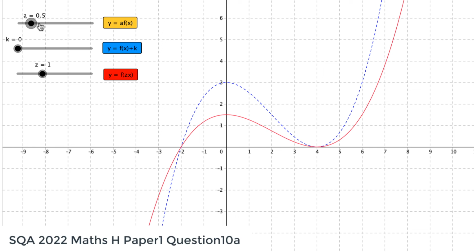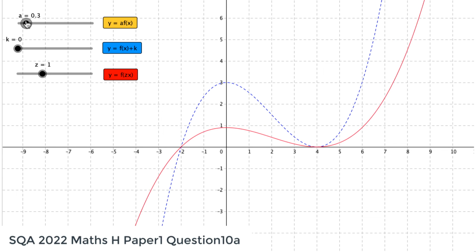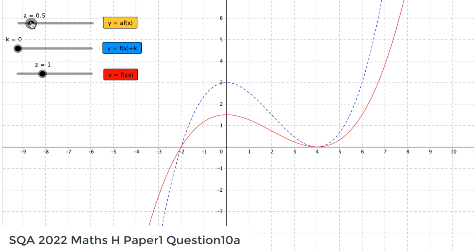So a scaling this time, scale factor 1/2, a sort of squashing of the original graph along the y-axis. So that's the effect of multiplying f of x by different numbers. It scales the graph in the y-axis direction.